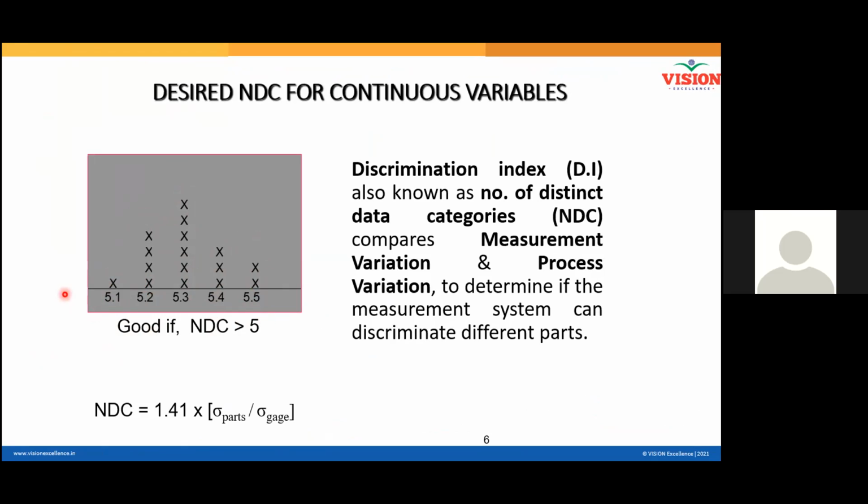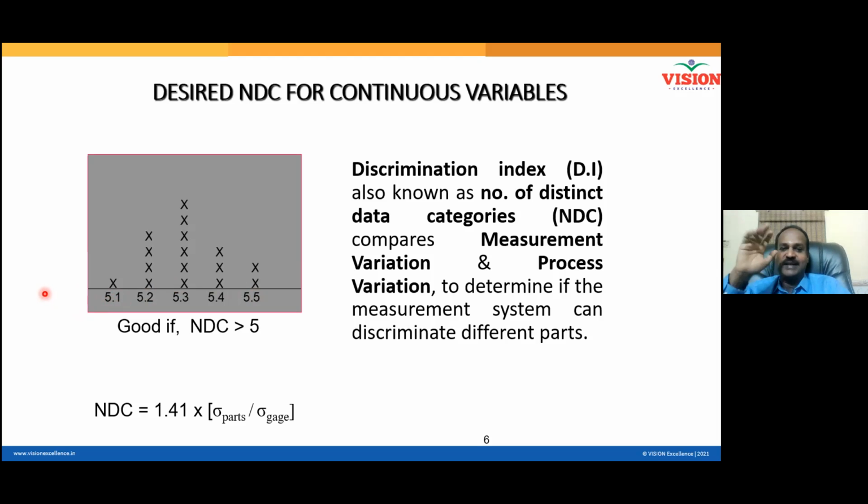Very good. It will be 0.1 mm or something, right? Since my resolution is 0.1, between 5.1 and 5.5, how many types of readings are possible? 5 types of readings are possible.